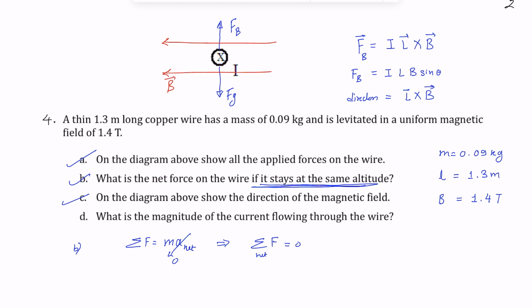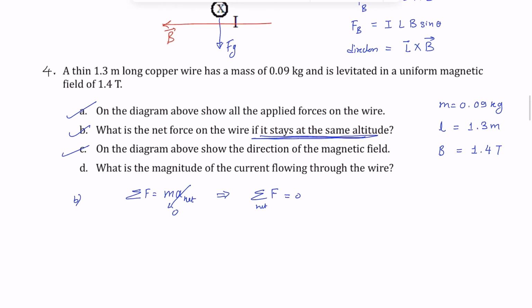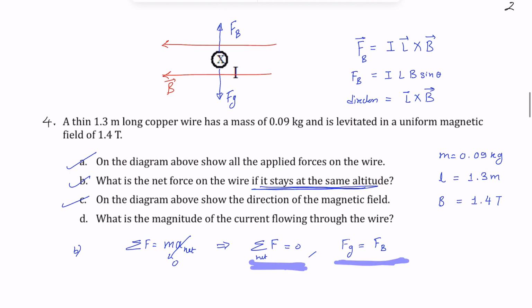Now part D says, what is the magnitude of the current flowing through the wire? So we know that summation of F net equals to 0. That means Fg is equal to Fb. And you don't have to even think about this equation right here, because this comes from common sense.